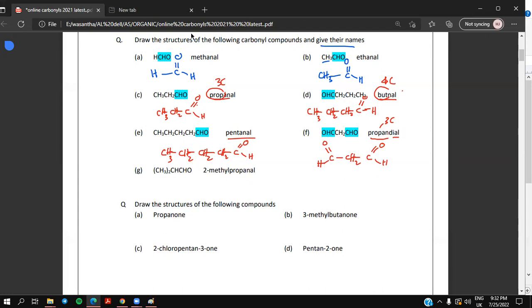G. 2-methylpropanal. Prop means 3 carbon. 1, 2, 3.